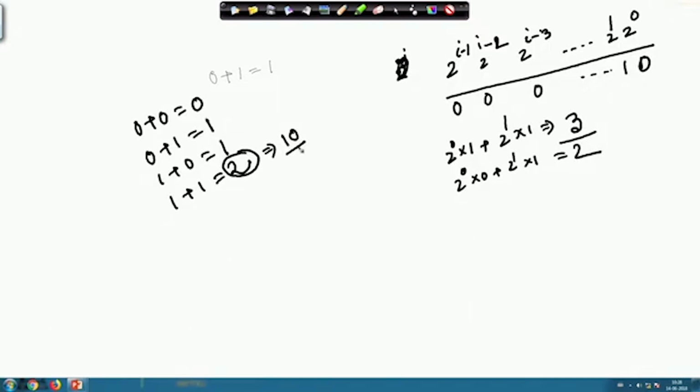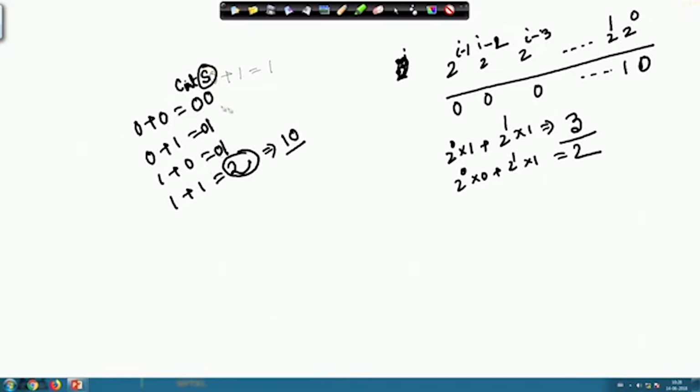So I can represent these as 0 0, 0 1, and 1 0. For 2 I need 1 and 0, and that is why this bit is the carry out and this bit is the sum.